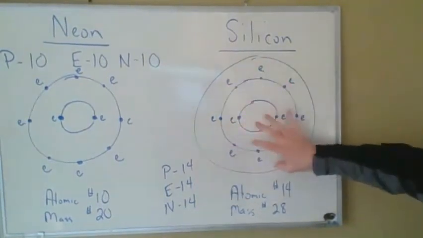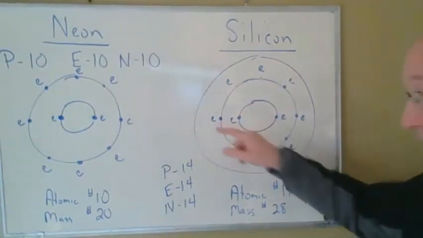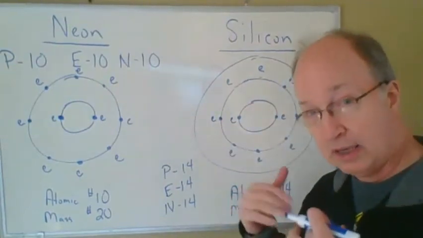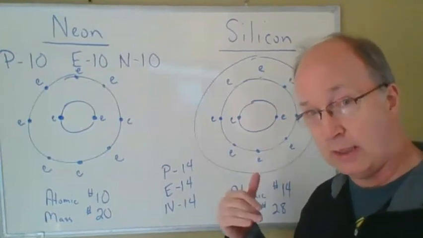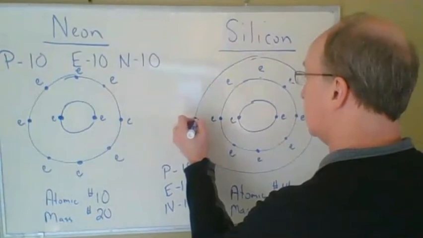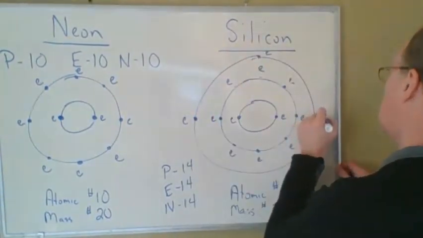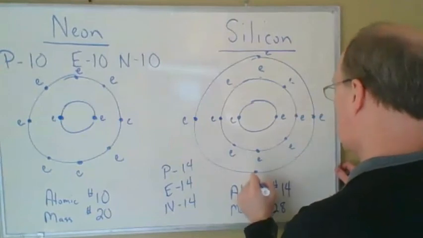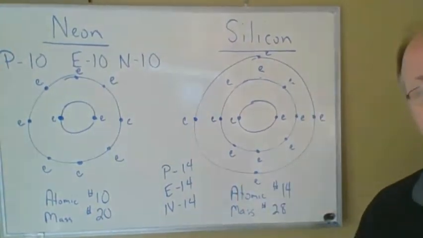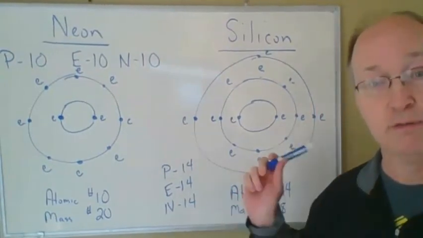And so far, that's 10, right? 1, 2, 3, 4, 5, 6, 7, 8, 9, 10. So we need 14. We've done 10. We need 4 more. So let's put 4 more in that third energy level. 1, 2, 3, 4. And there you go. That's what the Bohr model diagram looks like for silicon.